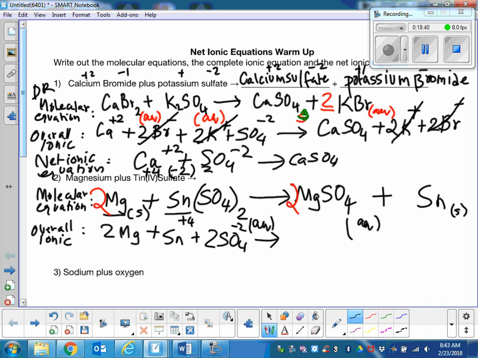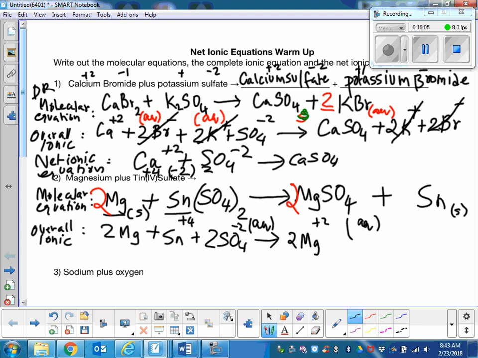Giving me magnesium sulfate is aqueous. Will it break apart? Are you writing this down? As I write, you write? It's 2Mg plus 2. Is that right? Does the 2 distribute? How many sulfates will I get?